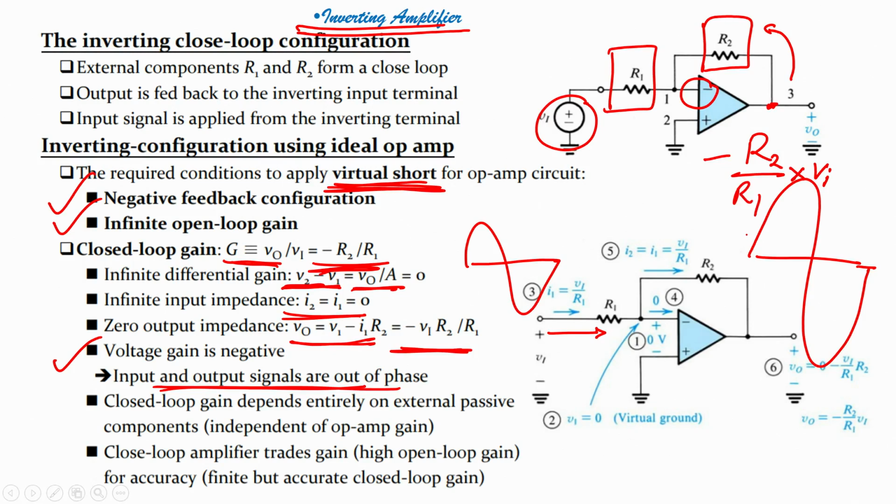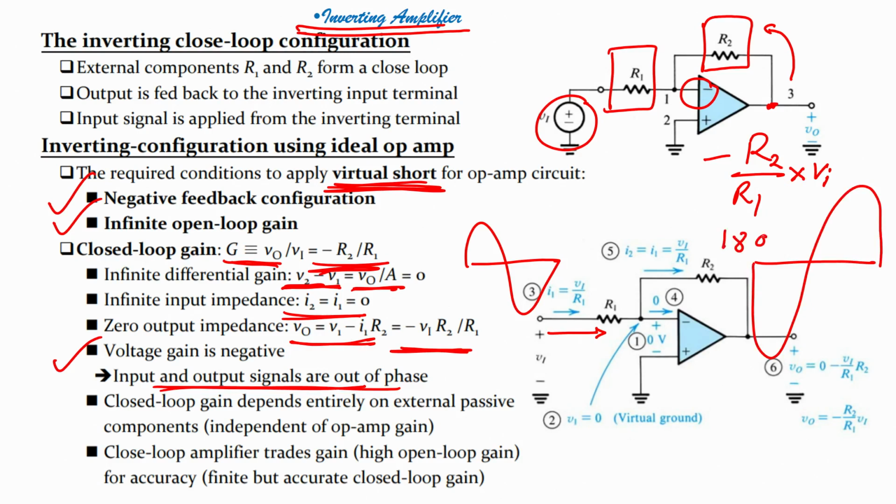But is it in phase or out of phase? In the case of an inverting amplifier, you will see that the output is amplified but generally 180 degrees out of phase. If this is 0 degrees, it is 180 degrees out of phase. So, that is what is written here, that input and output signals are out of phase.